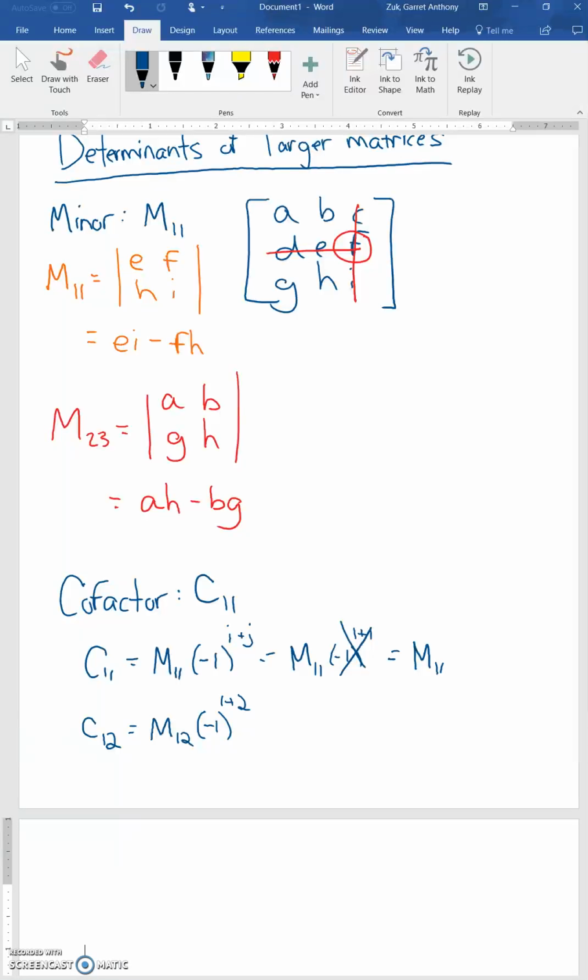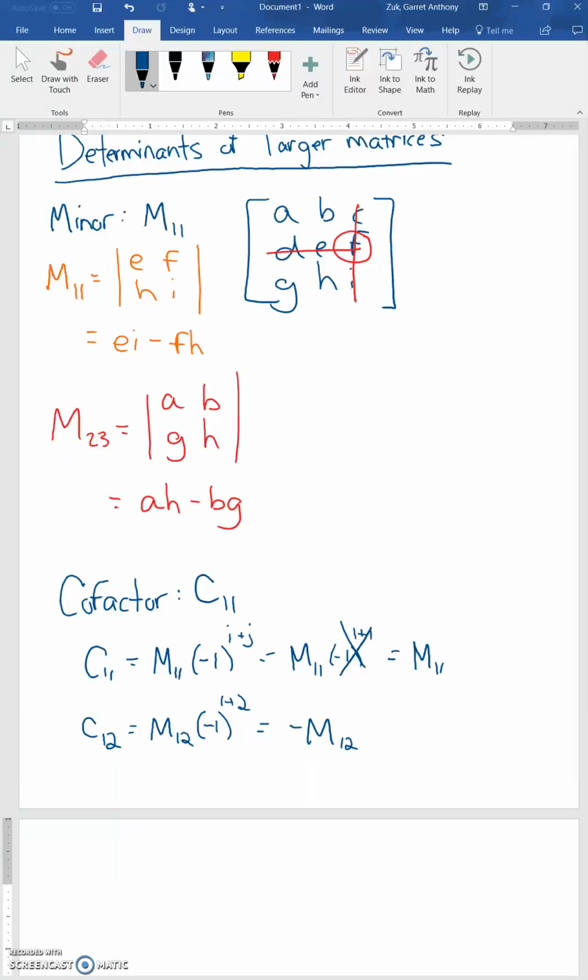Well, now we're doing -1 to the third power, which is -1, so it is going to be the negative of that minor at 1, 2. So basically, this cofactor is either going to be a positive or negative version of our minor, and this negative 1 to the power is going to tell us which one it is, positive or negative.